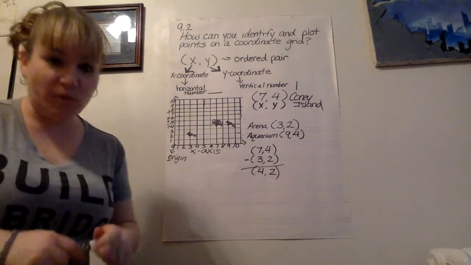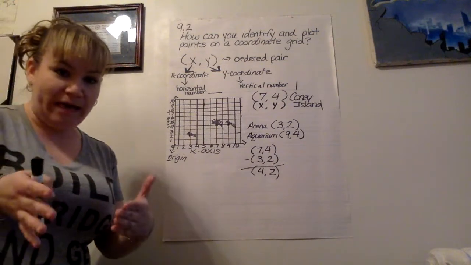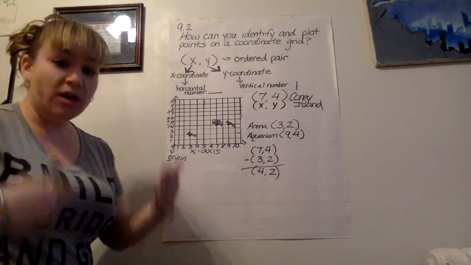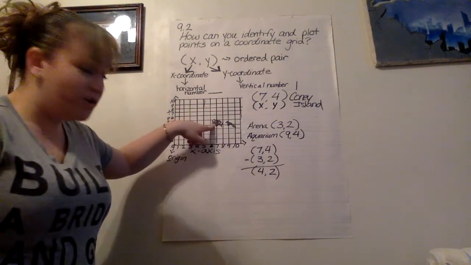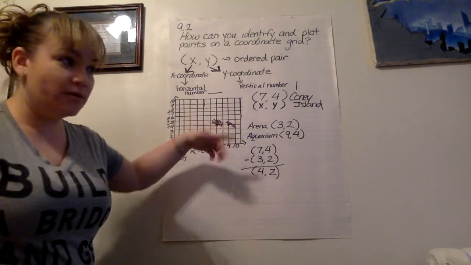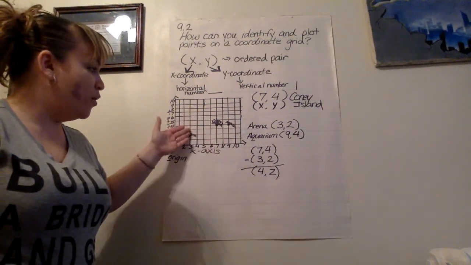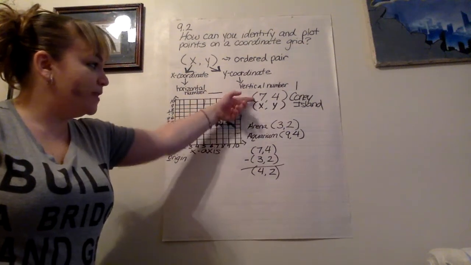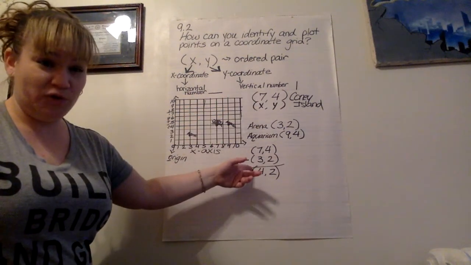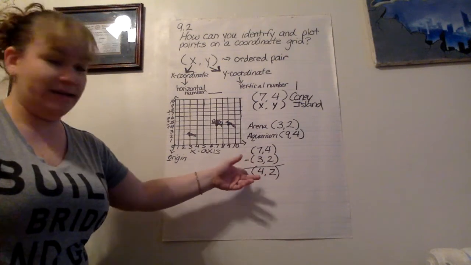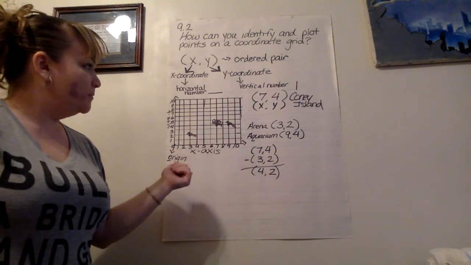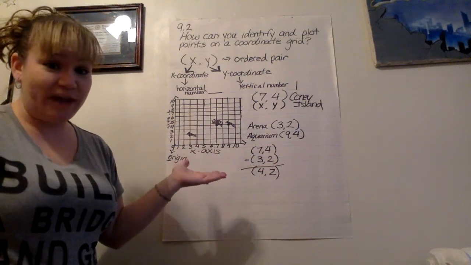So if they ask you what the distance in between is, you're going to subtract. You could walk using your finger, pretend you're walking the blocks wherever you're at, or you could literally take them and subtract them. But be careful when you do that because you want to make sure you're subtracting the right digits. And that's basically it for 9.2.